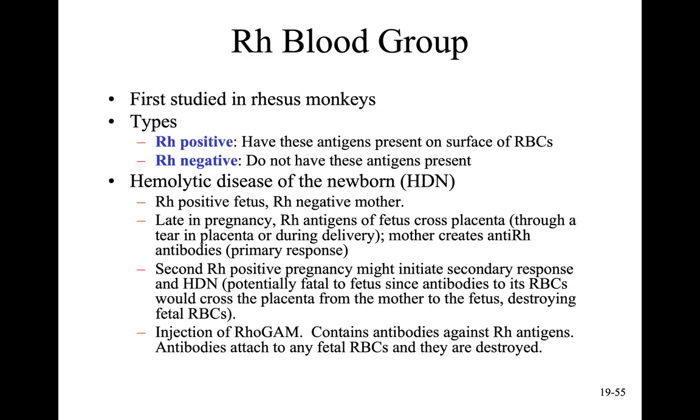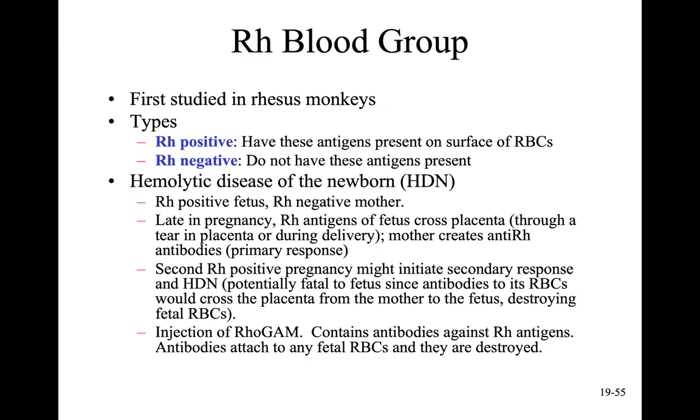The baby then will be Rh positive, right? Because it's dominant, all it takes is one of that gene. So dad, homozygous for Rh positive, means two Rh positive genes, right? Means that he has nothing to give but the Rh positive blood. Fetus will have Rh positive blood. Mom, Rh negative. What happens? Well, what happens is usually nothing with the first pregnancy, right?